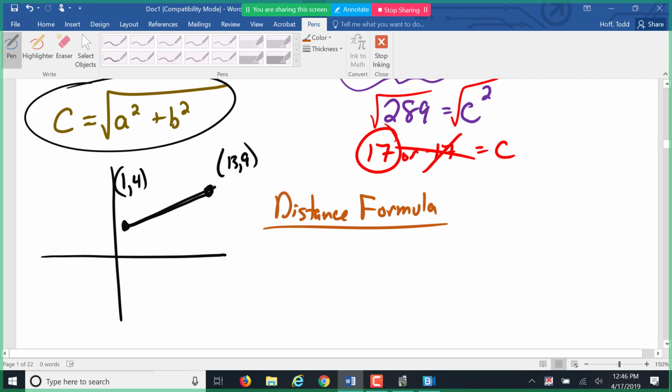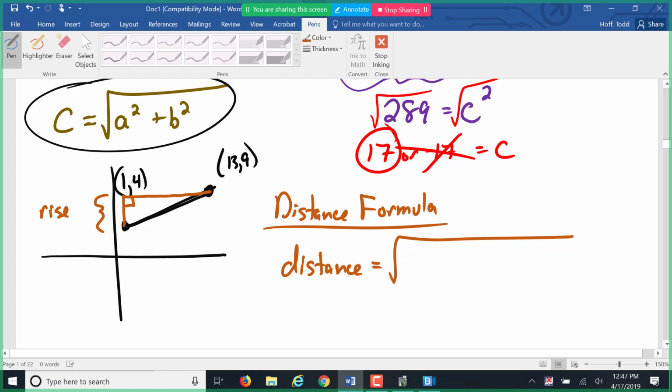And in the distance formula, we create basically a right triangle. And as we look at it, we realize this side here of that right triangle is just the rise from our slope formula.